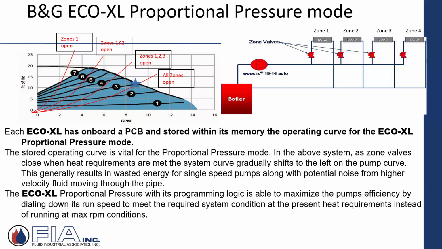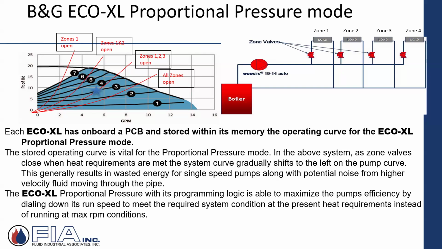Now, as a zone closes, what would happen traditionally on those pumps that didn't have this drive capability is it would start to back up on its curve. Now what I'm doing is sensing this change and slowing down that pulsing, that commutation that I'm doing.